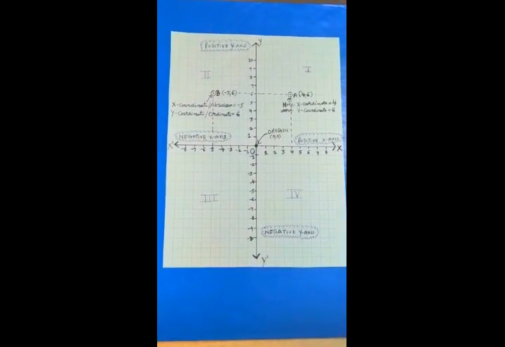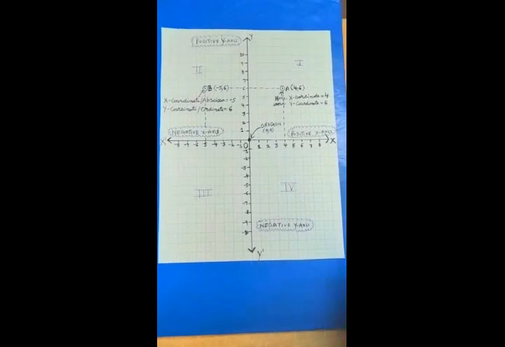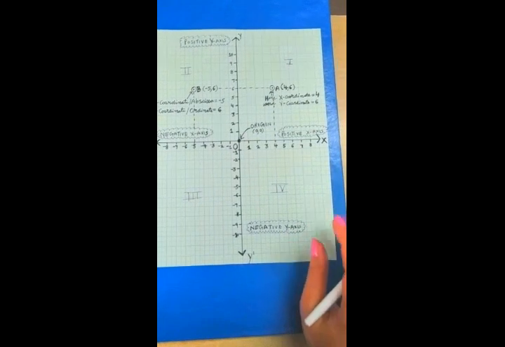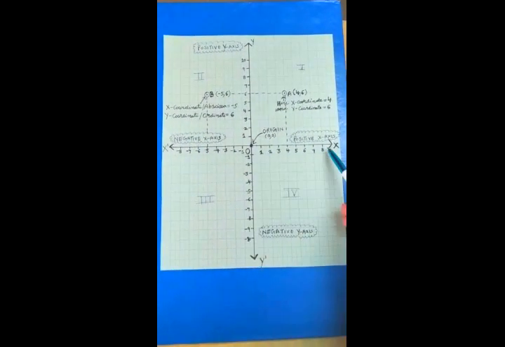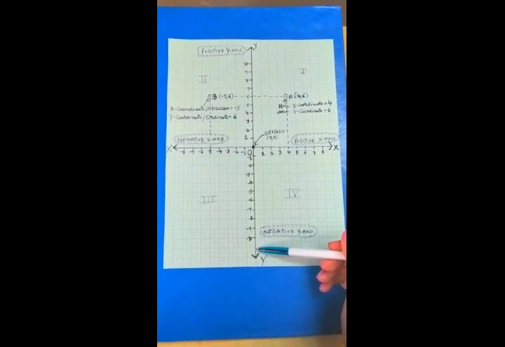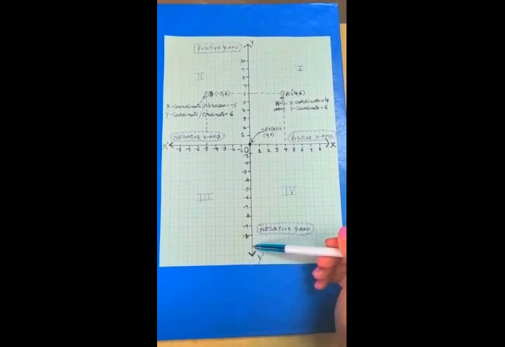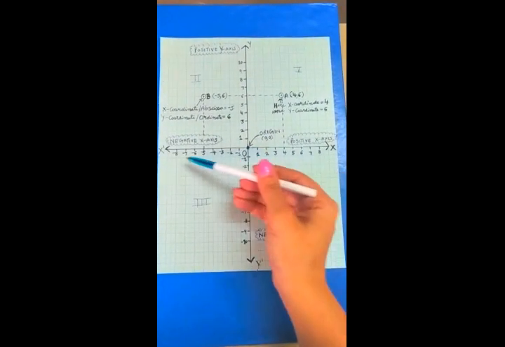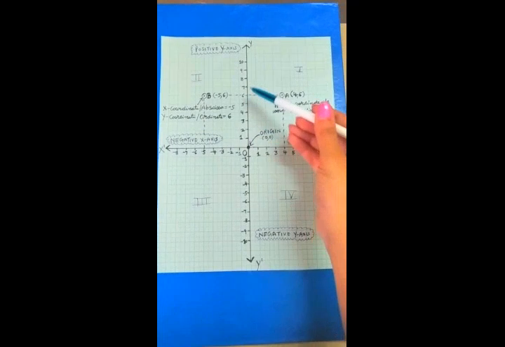So let's begin. Children, you can see I have taken a graph paper. On this graph paper, I have marked two lines, one horizontal and one vertical. And on these lines, I have marked some integers, the positive integers, negative integers, and this is 0.